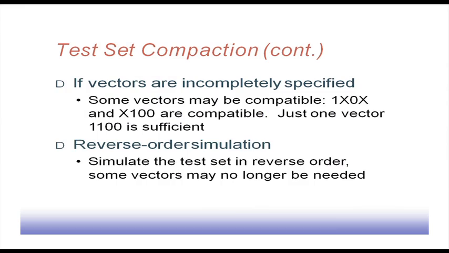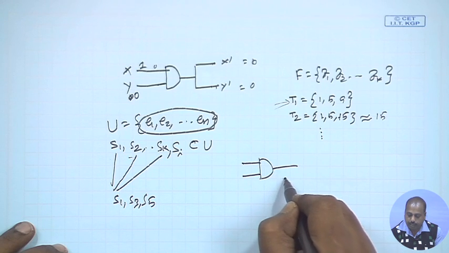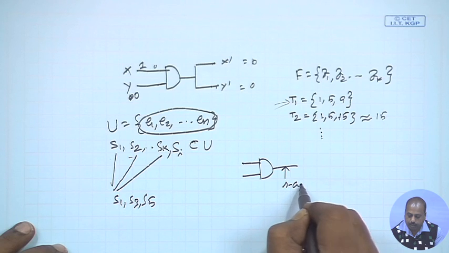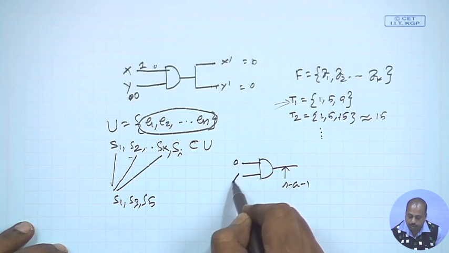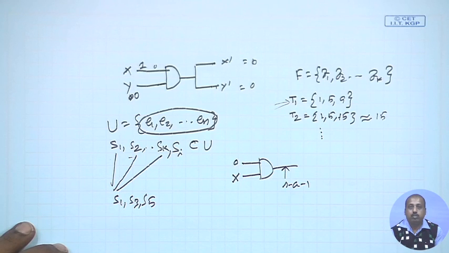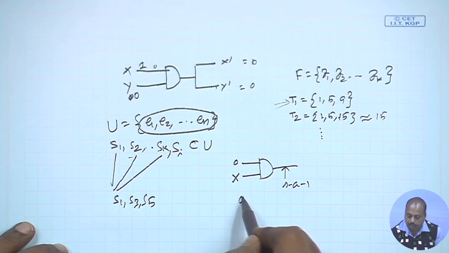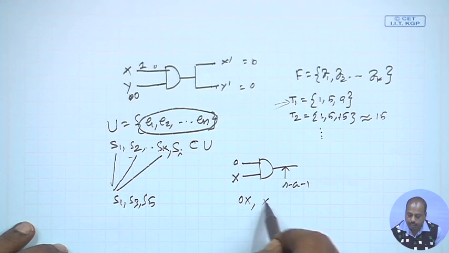Now, sometimes what happens is that the vectors are incompletely specified. As we have seen, in many cases for generating a test pattern, say if we want to test this line stuck at 1, then it is sufficient to put a 0 here. So, this line can be a do not care. So, the test pattern for this stuck at 1 is 0x or x0.